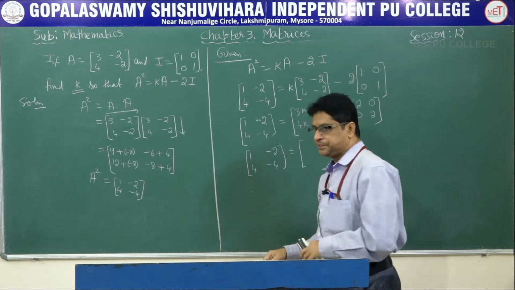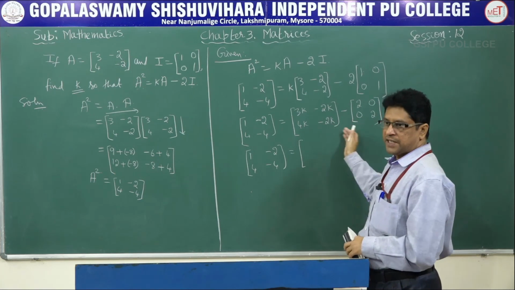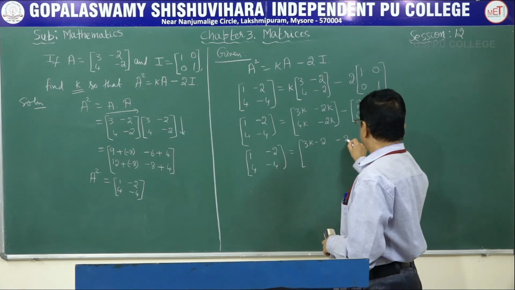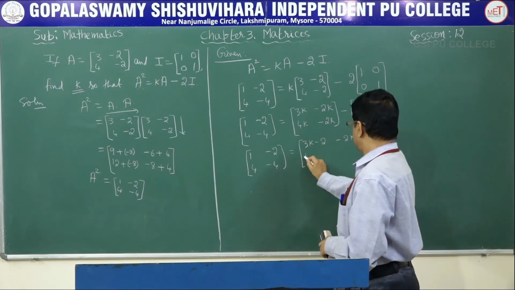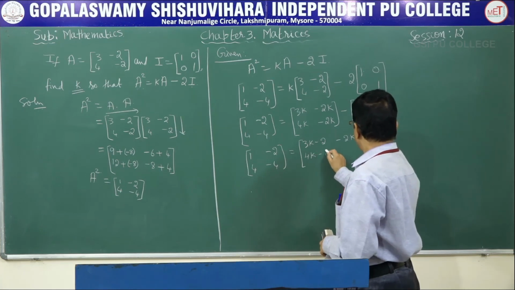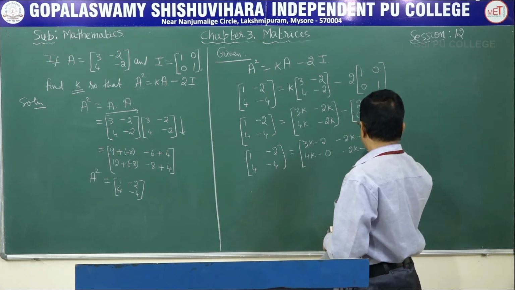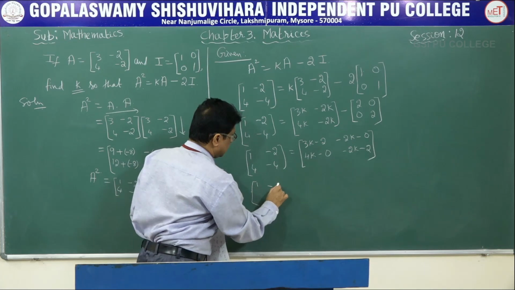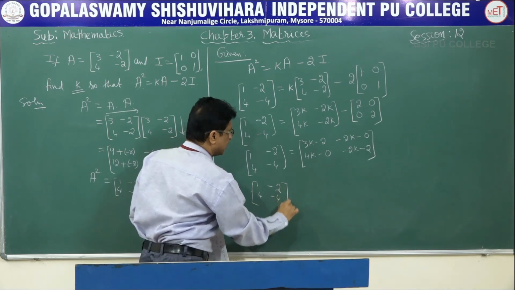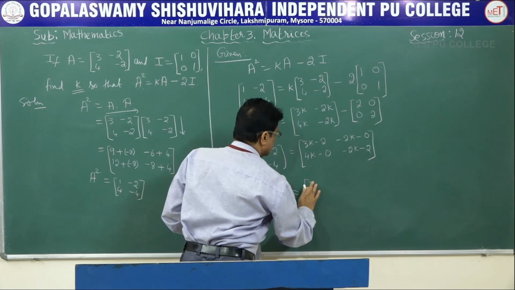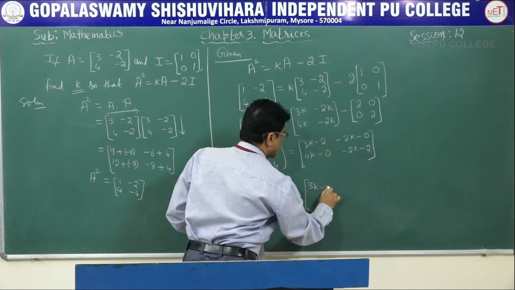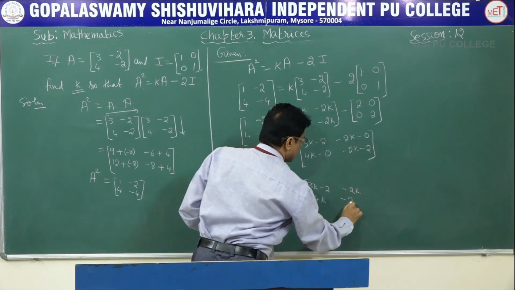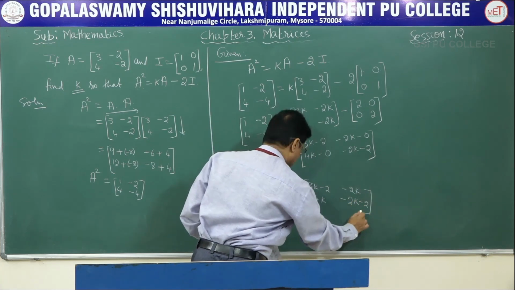That will be equal to, so we take the difference of corresponding elements. 3K minus 2, minus 2K minus 0, 4K minus 0, minus 2K minus 2. So 1 minus 2, 4 minus 4 will be equal to 3K minus 2, minus 2K, 4K, minus 2K minus 2.